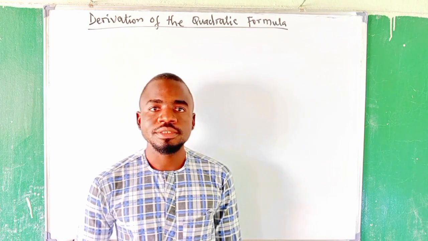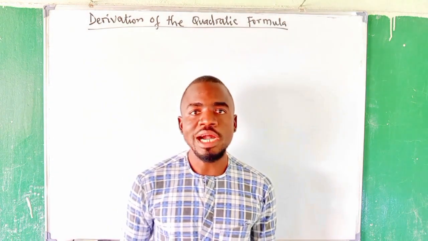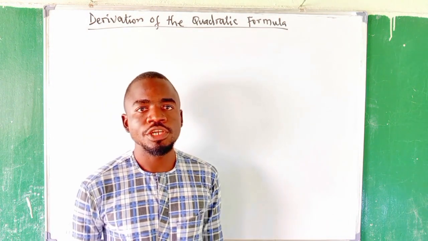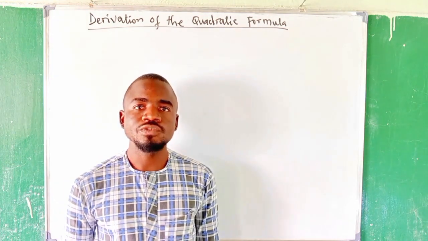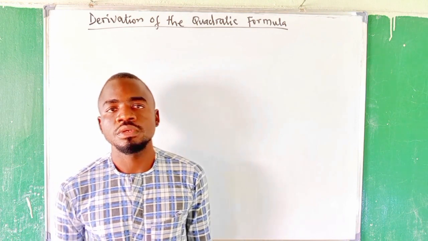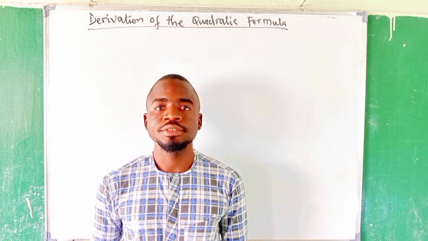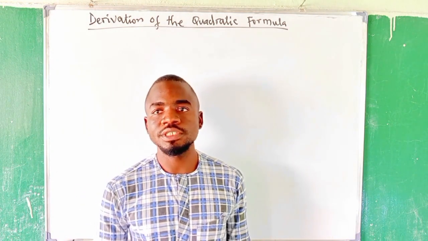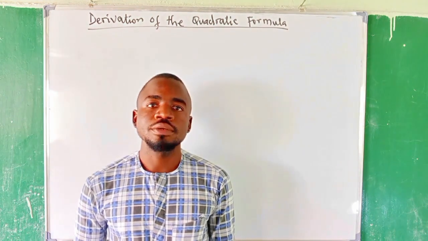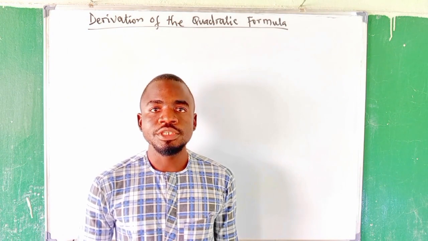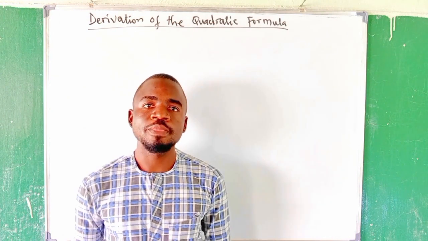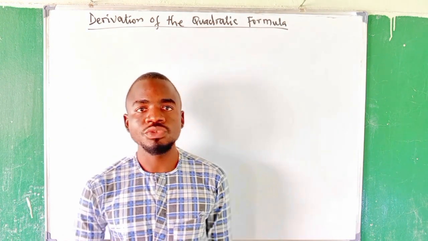So in our today's class, we are looking at how to derive the quadratic formula. Now, in derivation of quadratic formula, we use the completing the square method of solving quadratic equation. Now, in our previous classes, we treated solutions of quadratic equations using completing the square method.